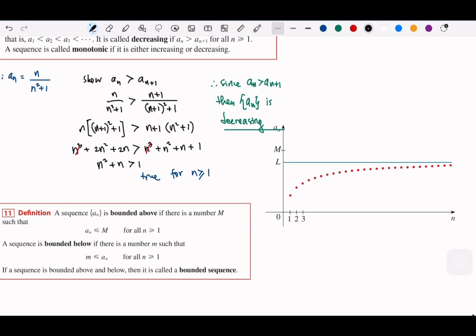Because at the end of the day, we will use limit for our tools. And I think to prove this also, we can use the limit, the precise definition of limit. I think the same. This is just to define what is monotonic and what is bounded.